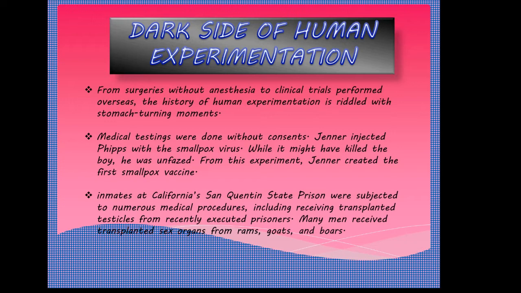Inmates at California's San Quentin State Prison were subjected to numerous medical procedures, including receiving transplanted testicles from recently executed prisoners. Many men received transplanted sex organs from rams, goats, and boars. So what they used to do? They used to dissect the testicles of live human beings.